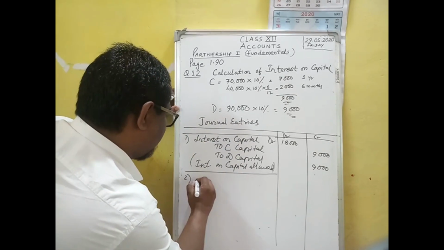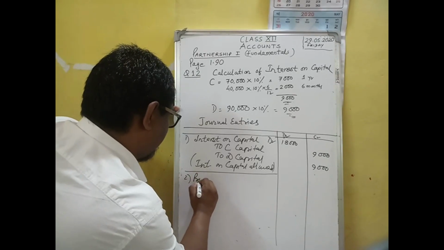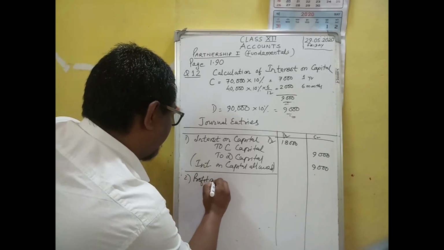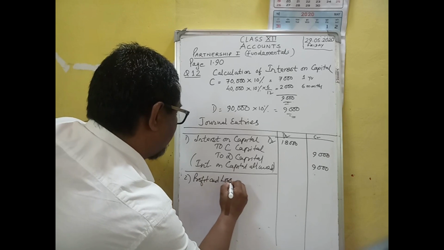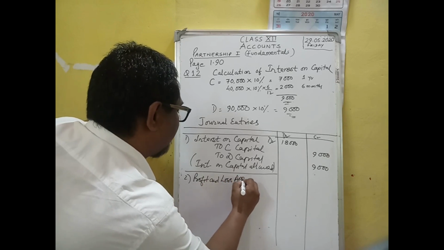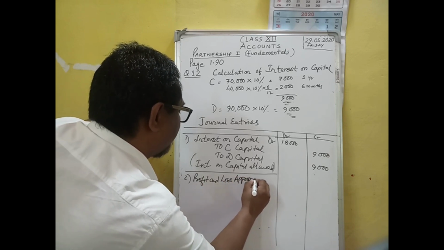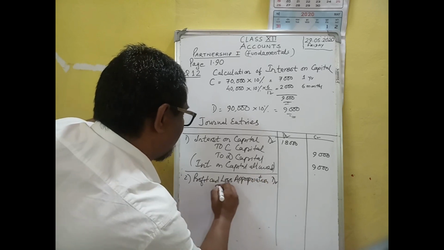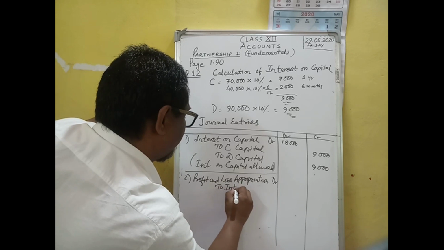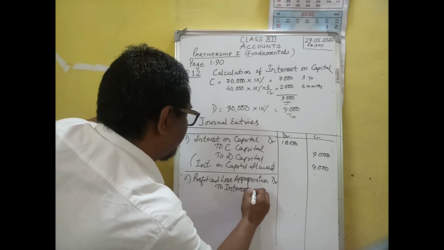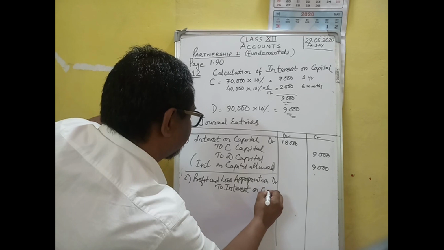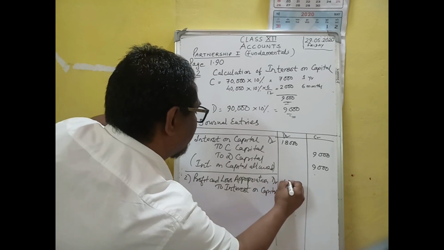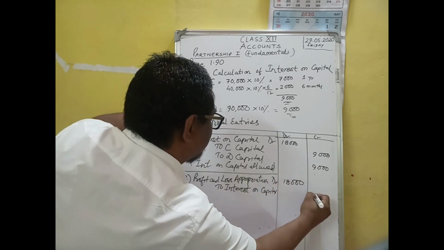So next entry is profit and loss appropriation account debited to interest on capital account, 18,000.